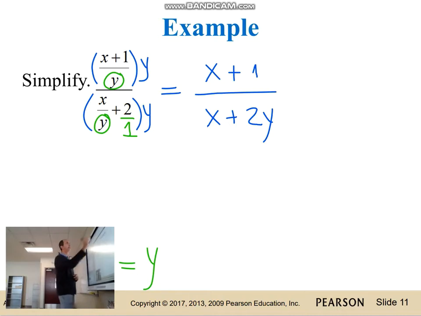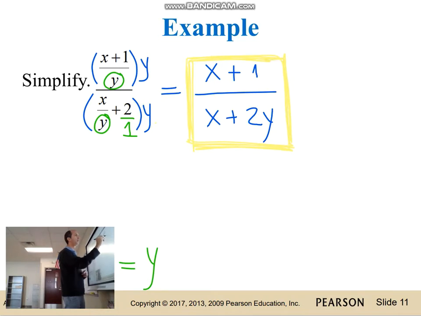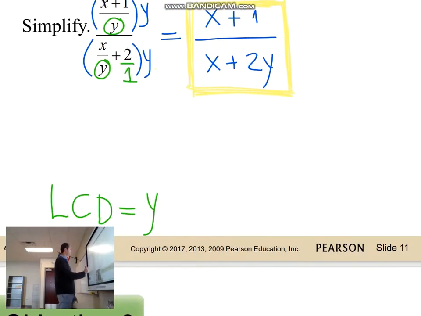And that is the final answer. In this case, it's very easy to find the least common denominator, and if you multiply numerator and denominator by it, we can easily find the answer.